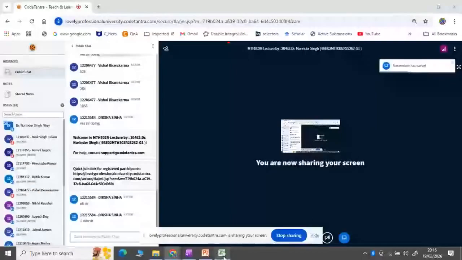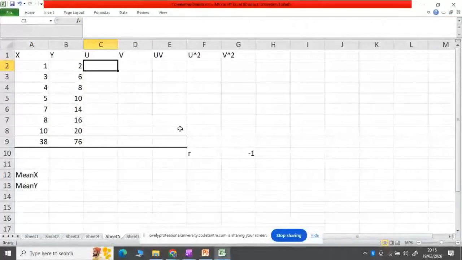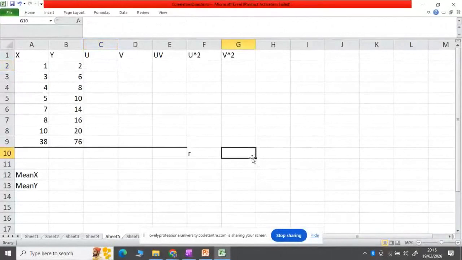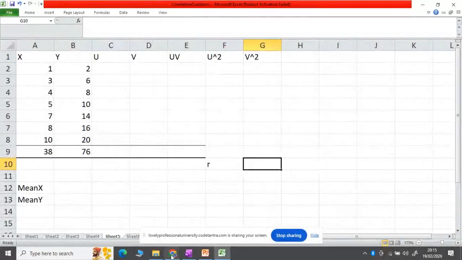So Excel sheet is visible, students. Excel sheet visible. Yes. Okay.